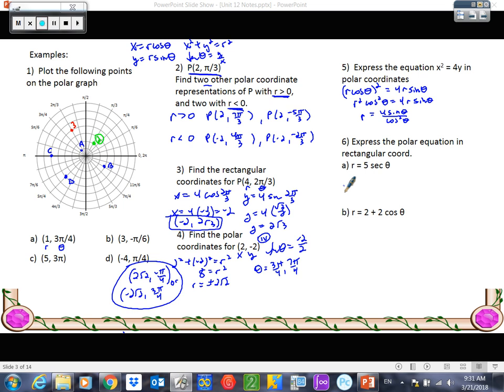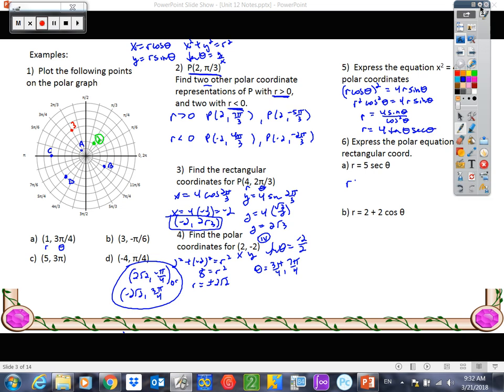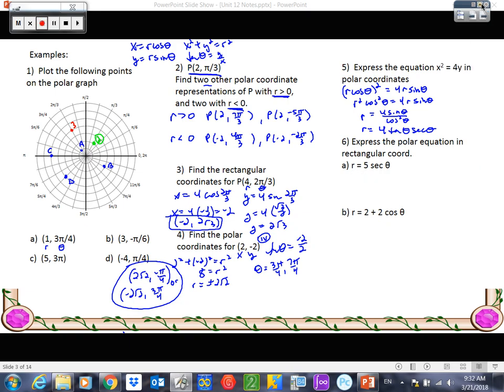We would say r equals 4 tangent secant. And so that's going from rectangular to polar. We all okay with that? All right.